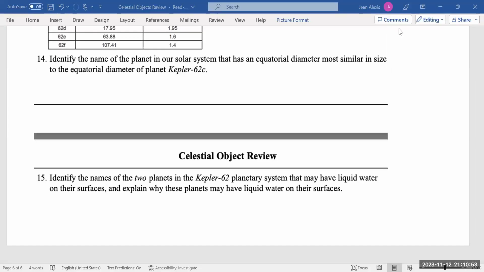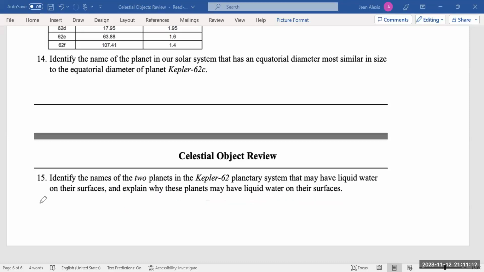All right. So number 15 says, identify the names of two planets in the Kepler 62 planetary system that may have liquid water on their surfaces, and explain why these planets may have water on their surfaces.